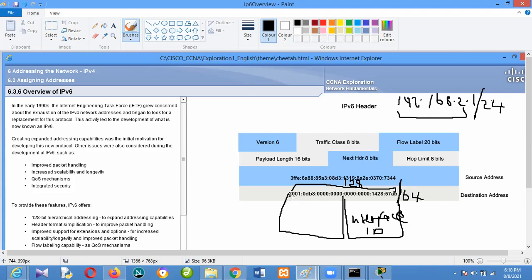From here, these first three groups are referred to as the global routing prefix.